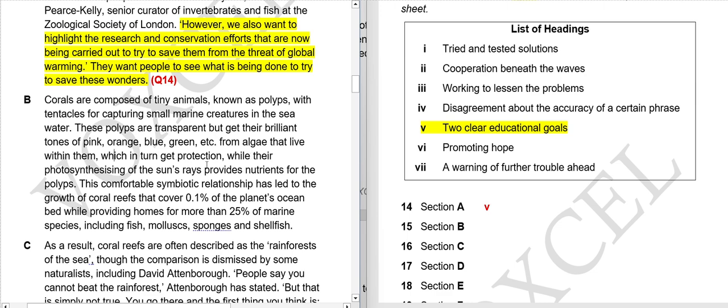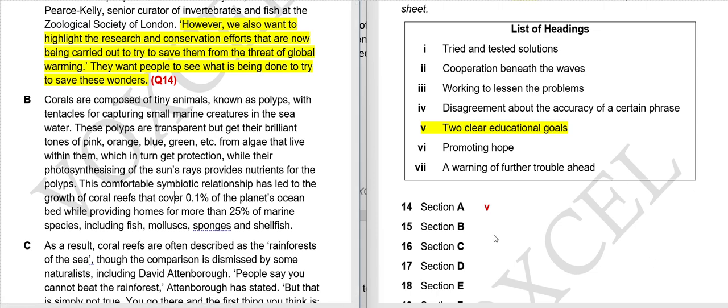Here "which" refers to algae, and algae gets protection inside the corals while their photosynthesizing of the sun's rays provides nutrients for the polyps, and polyps in turn get nutrients. So from here to here you can get the answer, but we will read this. This comfortable symbiotic relationship has led to growth of coral reefs that cover 0.1% of the planet's ocean bed while providing homes for more than 25% of marine species including fish, mollusks, sponges and shellfish.